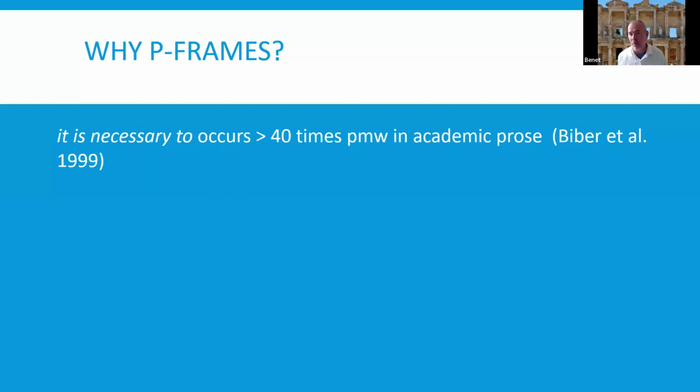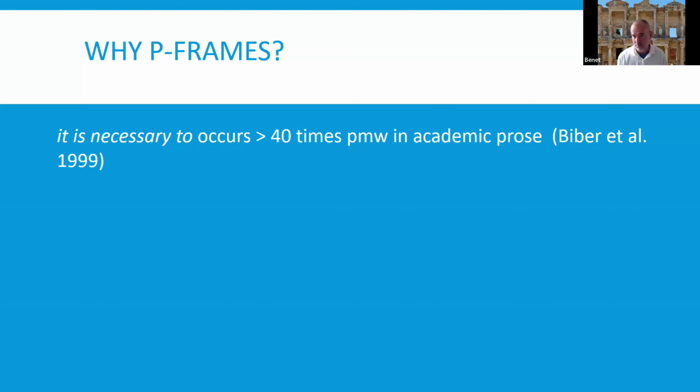So just a quick example of what this approach brings to our investigation. If you look at it is necessary to, this occurs more than 40 times per million words. PMW is per million words. This is a normalized figure so that you can compare across corpora of different sizes.